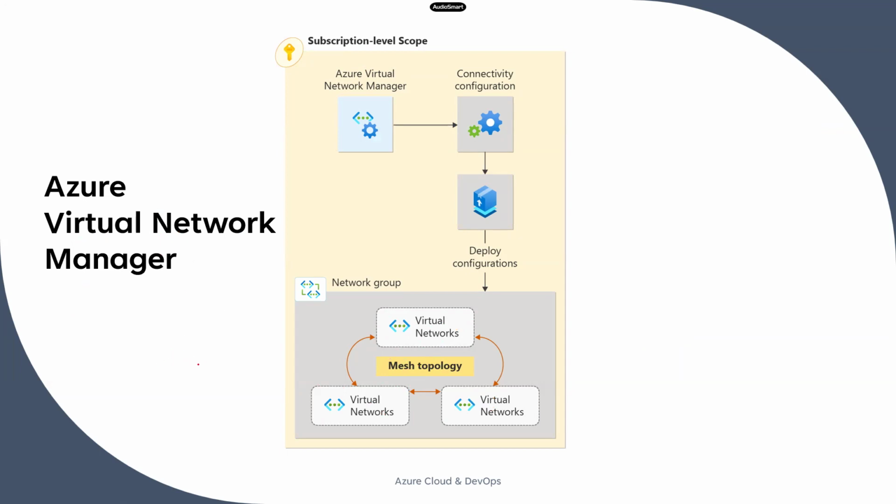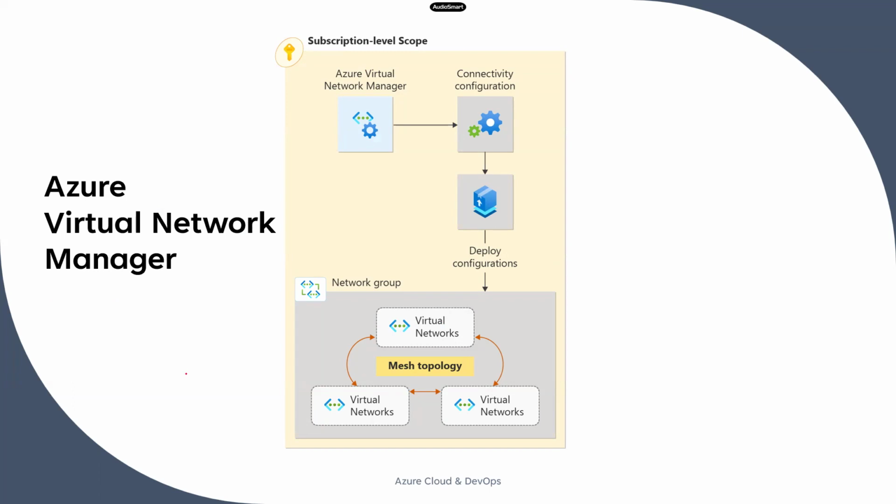Okay, so mainly if we need to create multiple VNets, for example 3 or 4, we can easily create them with the help of Azure Virtual Network Manager. And it will help us do it easily.